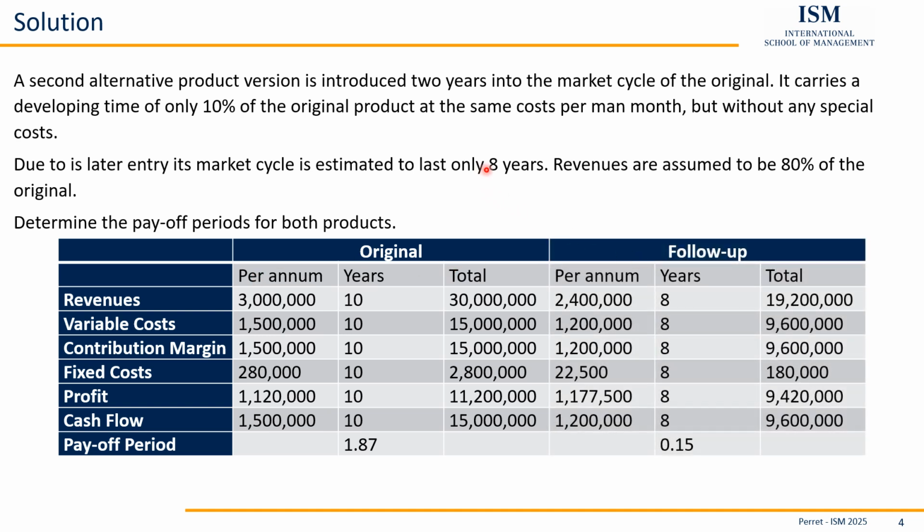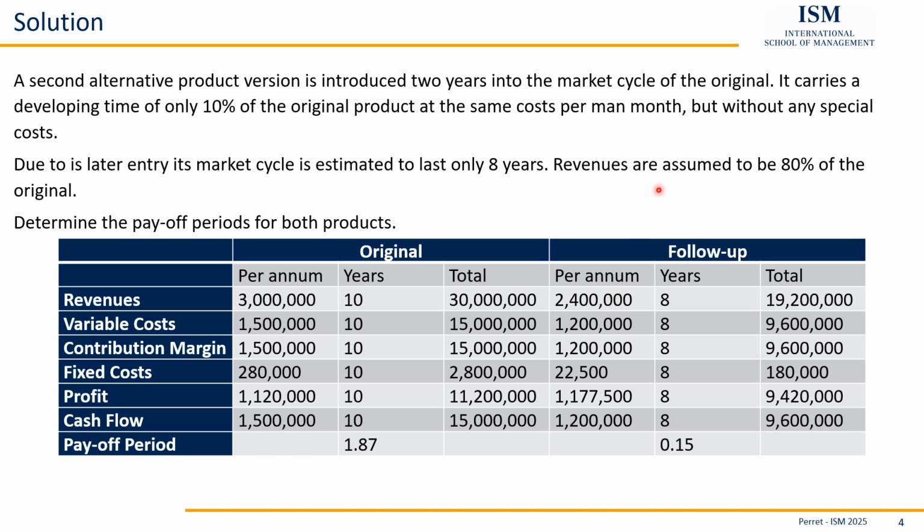Well, I first know market cycle is now only 8 years. So I have to put 8 here. Revenues are 80% of the original. So instead of 3 million, I have 3 million times 0.8, giving me here the 2.4 million.